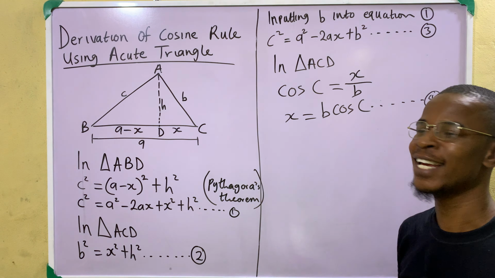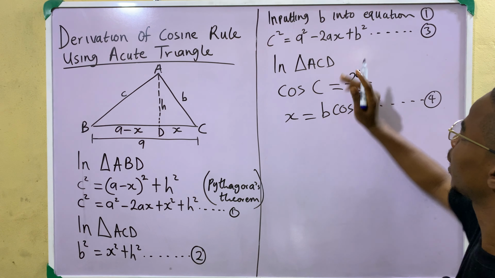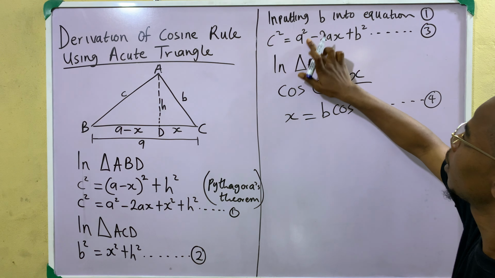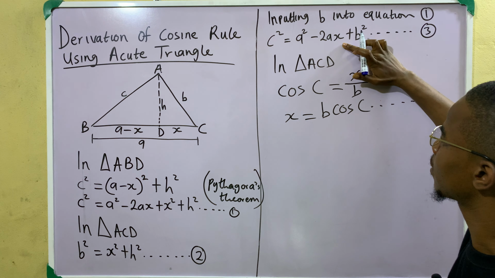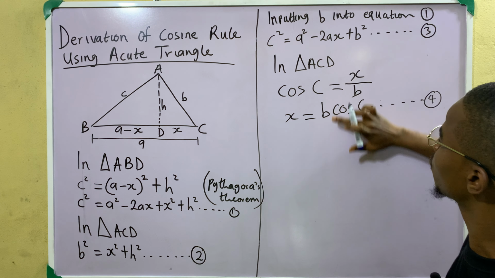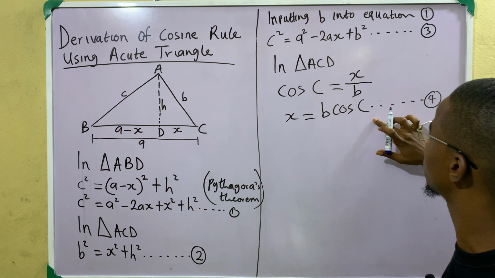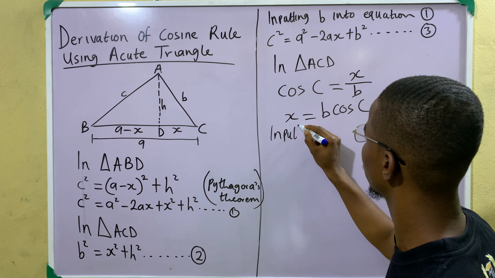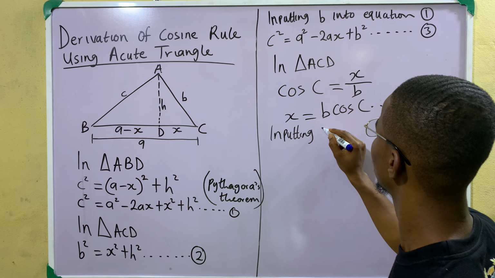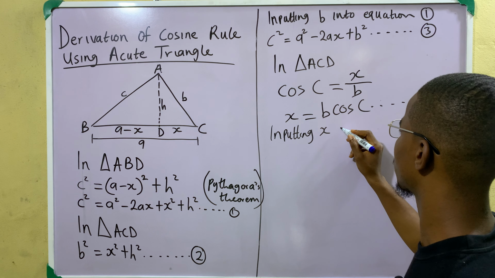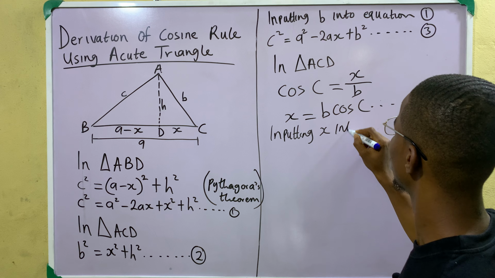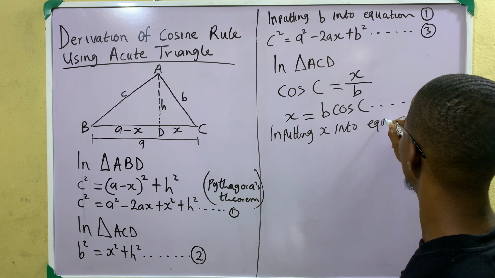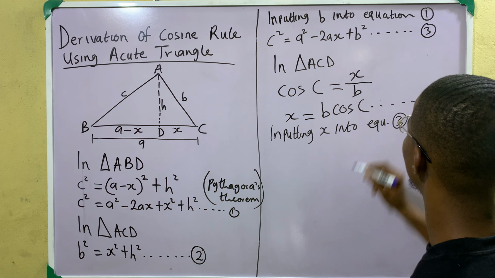And then let's impute the value of X. Look here, we have a squared minus 2aX, right? So anywhere we see X, let's put b cos C, imputing the value of X into equation 3.